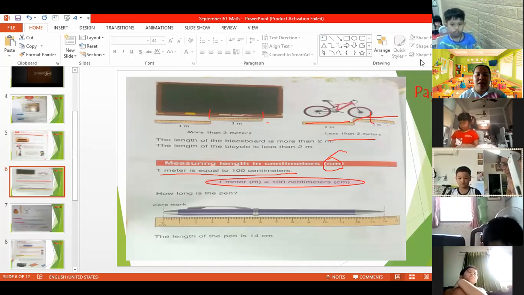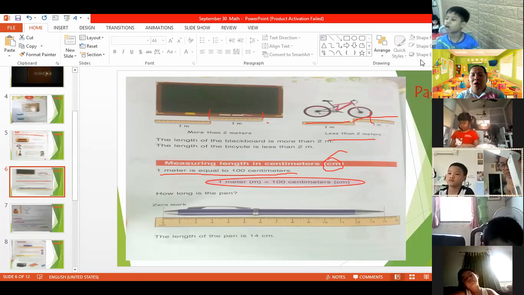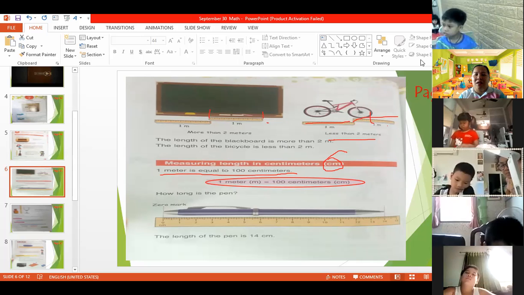Priya? 1 meter is equal to how many centimeters? 100. 100 centimeters. Very good. For 1 meter, the equivalent is 100 centimeters.